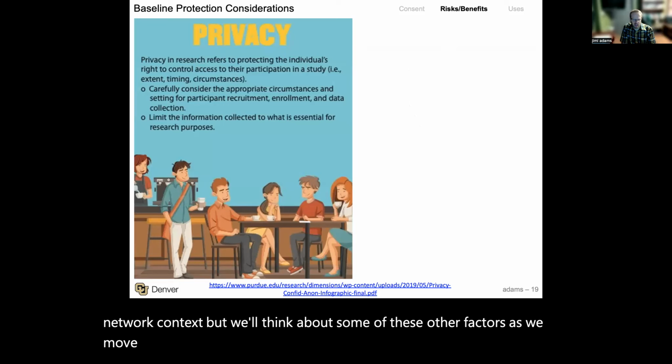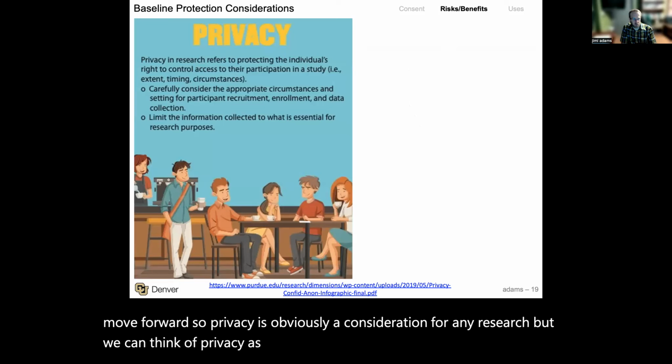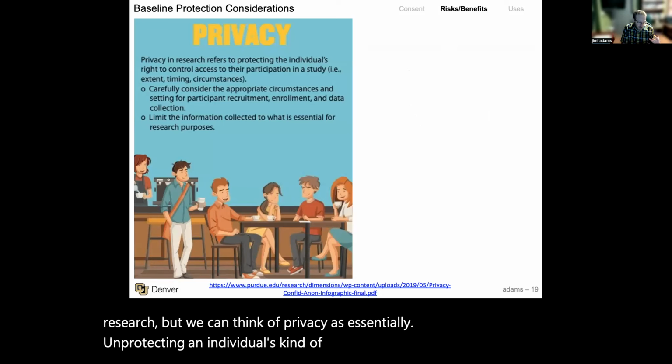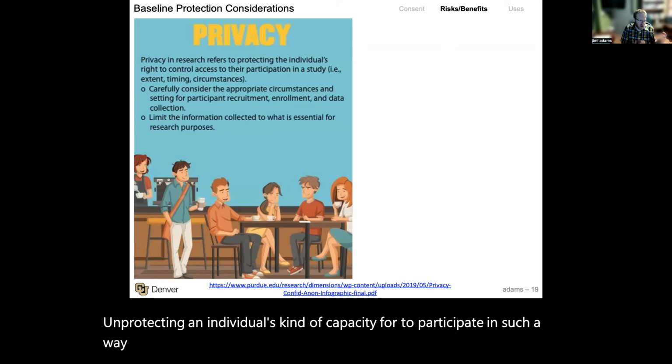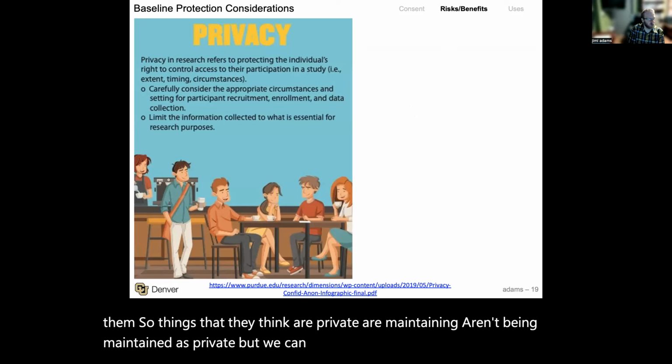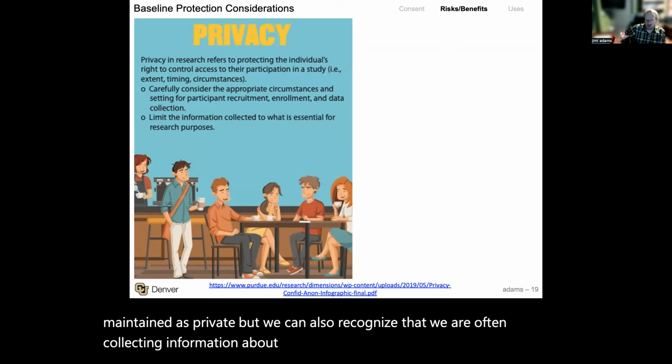So privacy is obviously a consideration for any research, but we can think of privacy as essentially protecting an individual's capacity to participate in such a way that the things that they're disclosing are known to be disclosed by them. So things that they think are private are being maintained as private, but we can also recognize that we are often collecting information about things that there's no reason to assume are private.